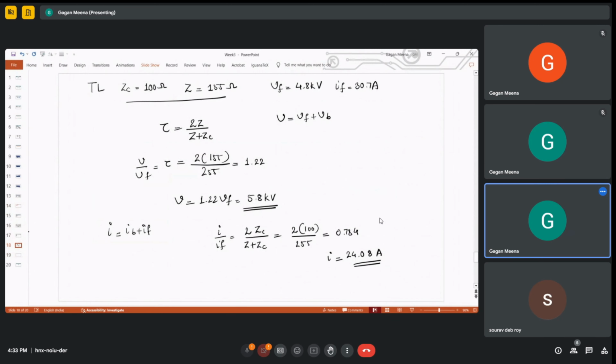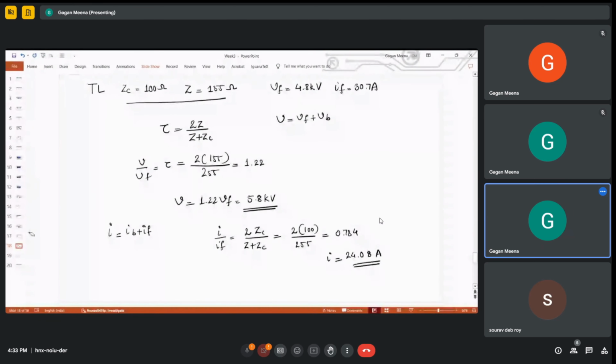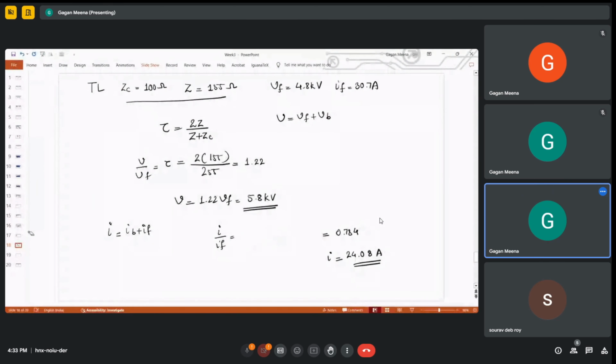I can directly write this as V divided by R. So it will be 5.8 kV divided by 155. How much is this? So this is 37.42 amperes.